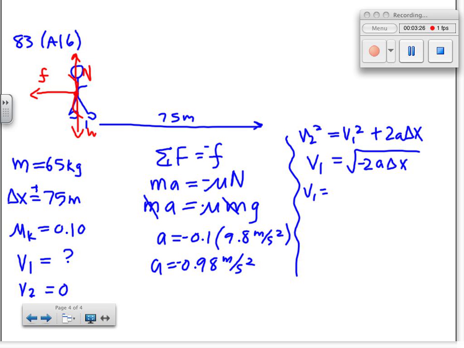So V1 is the square root of negative 2 times negative 0.98, and the distance is 75 meters.